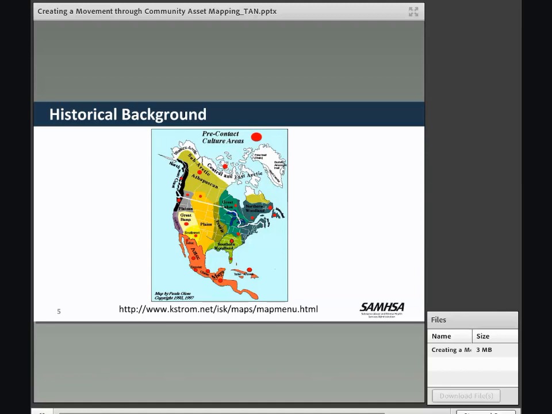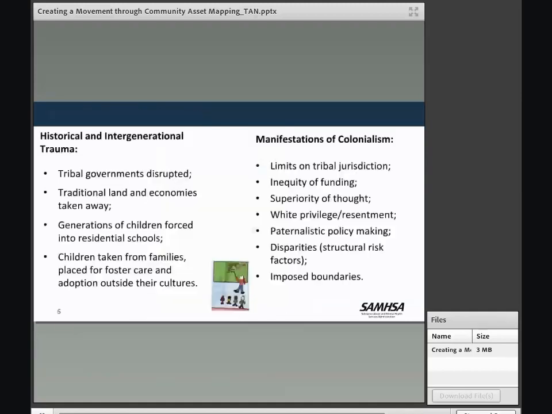So it's really using mapping to decolonize mapping and reclaim it within an Indigenous framework. Because of the historical and intergenerational trauma faced by Native communities, there may have been times when our stories or our knowledge were ignored by mainstream people and government systems.